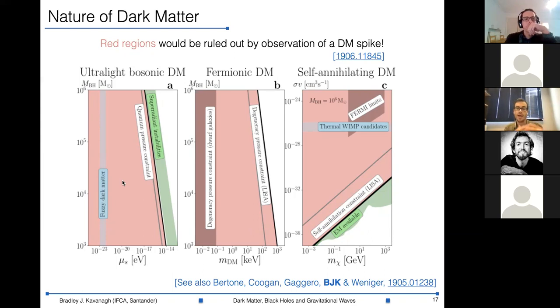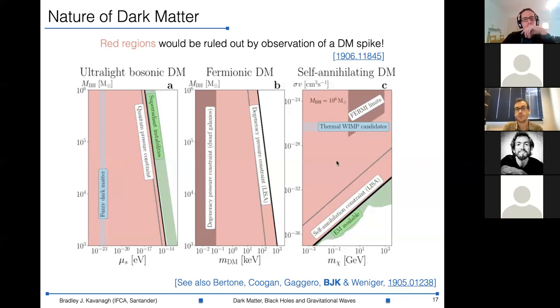So any observation of this spike would immediately tell you that you don't have dark matter which is ultralight on some length scale. We know that for light fermionic dark matter, the exclusion principle means you can't pack it into a very dense space, and so if you observe this dephasing effect, it doesn't make sense for that particle to be fermionic.